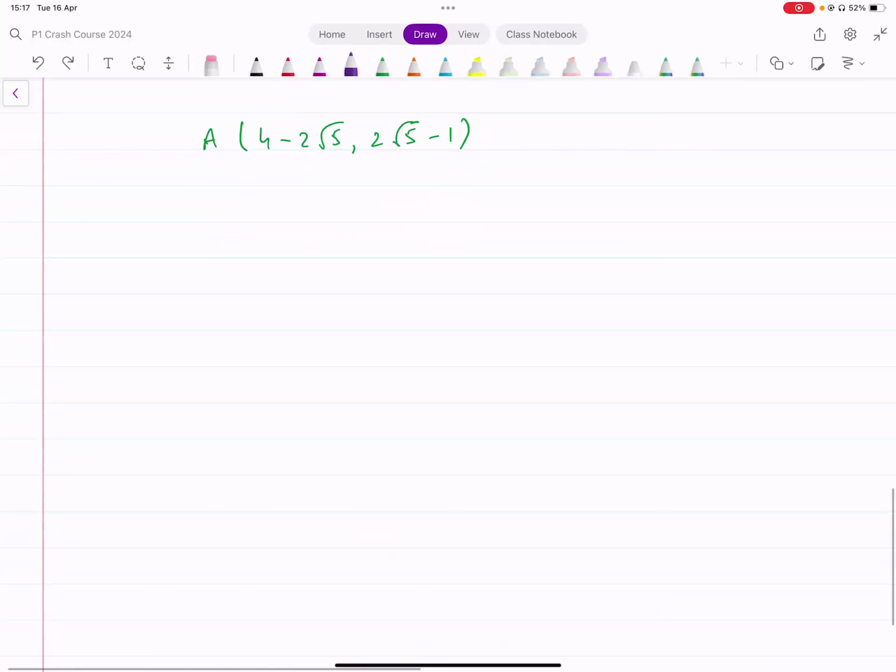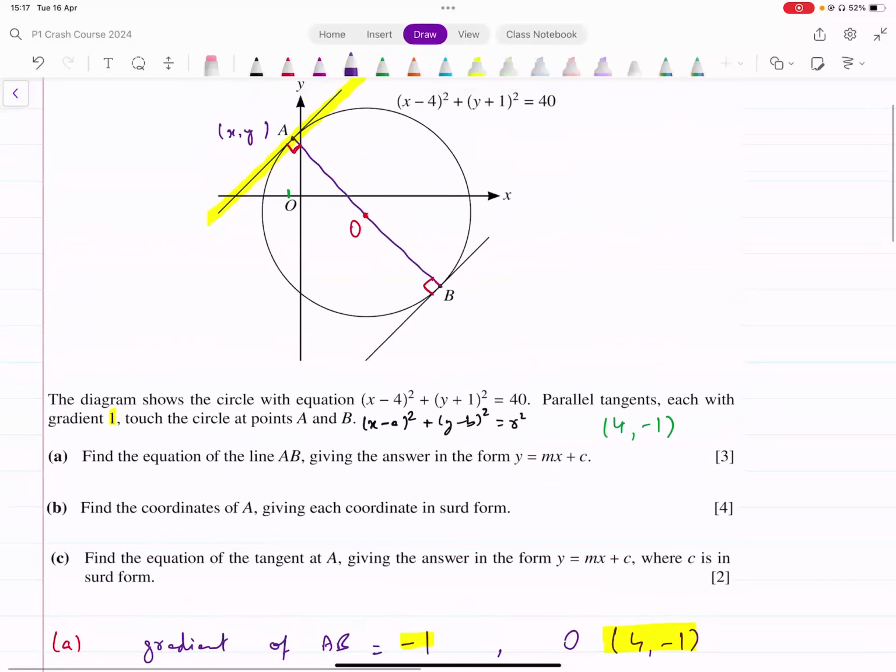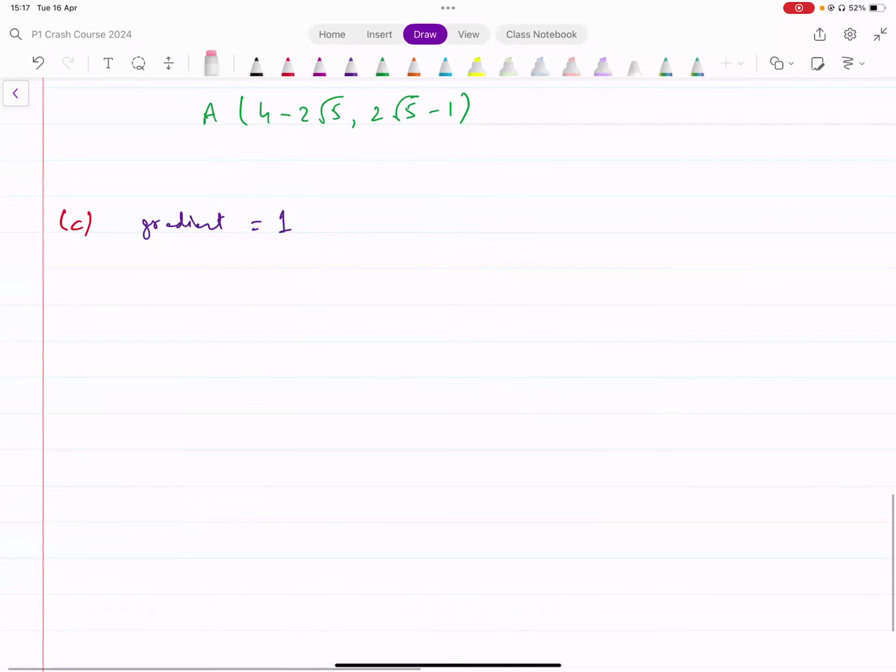Now let's do that. Part C, point A is already known. We know that the gradient of the tangent is 1. Let me just confirm if it's as straightforward as that. That's what they're asking for, tangent at A. Yeah, so that's all that they're asking for. Gradient is 1.